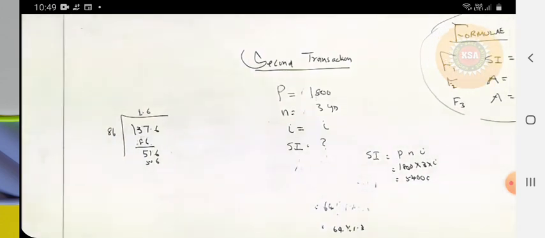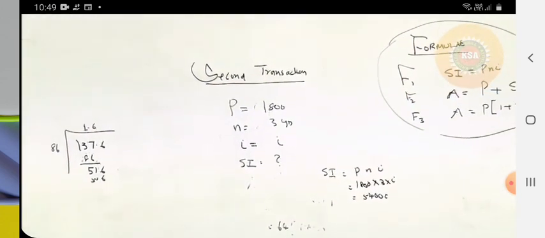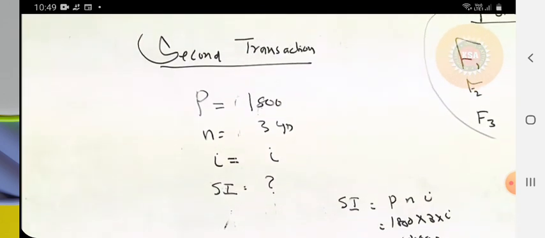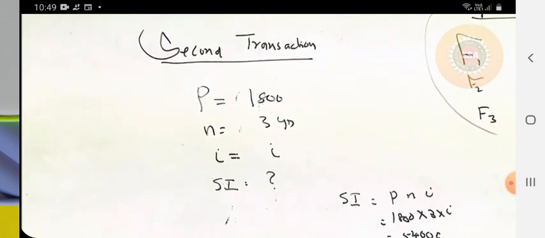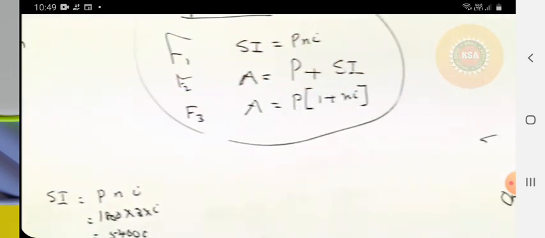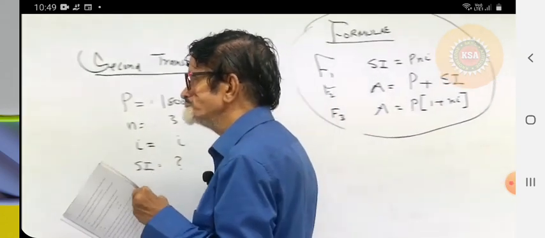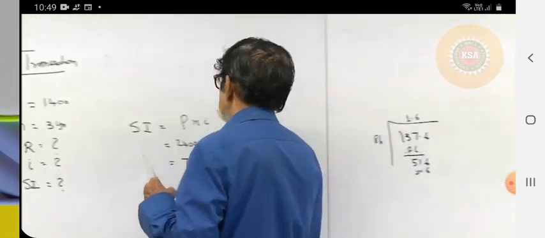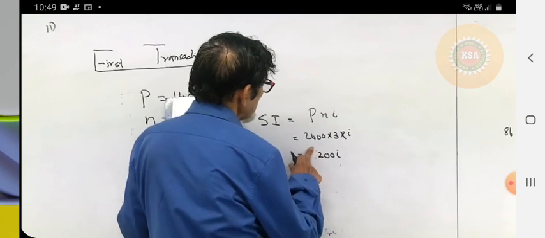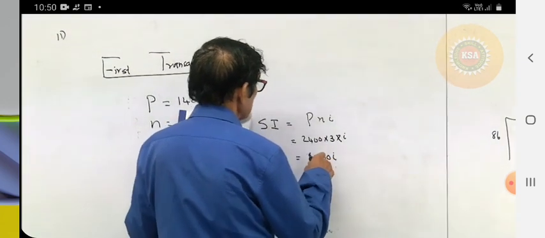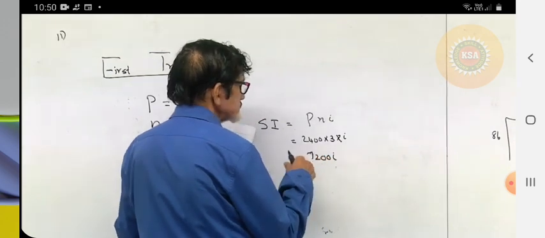Same duration, 3 years, you have to put. Principal changes to 1800. You have to calculate SI. Second transaction SI you look: 1800 I. First transaction SI you look: 4200 I, 7200.